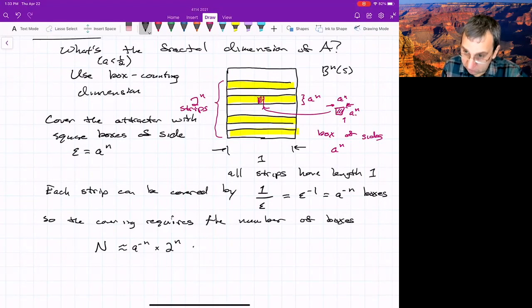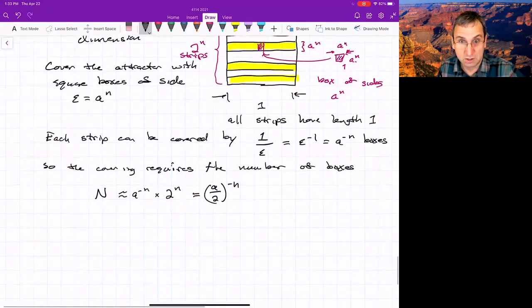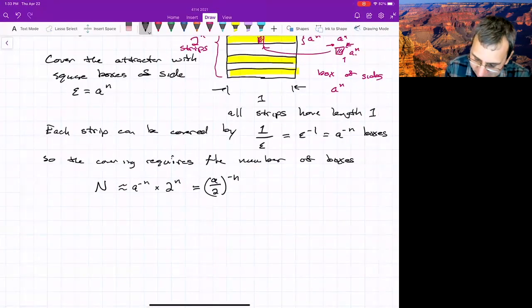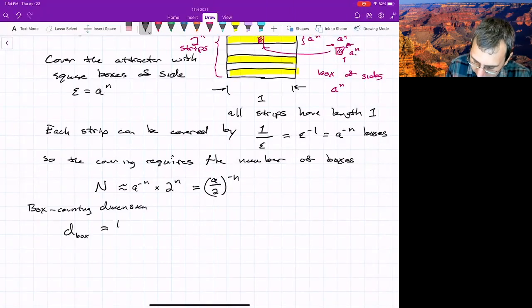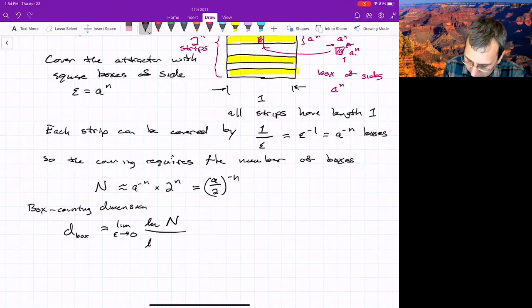And what does this give us? This gives us (a/2)^(-n). So what's the dimension? The box counting dimension is if you can take this limit as epsilon goes to 0 of natural log of N over natural log of 1 over epsilon.